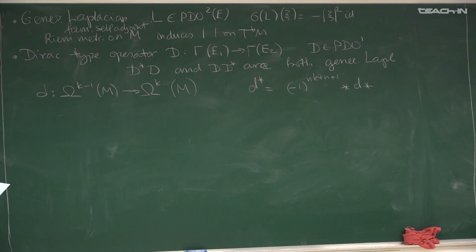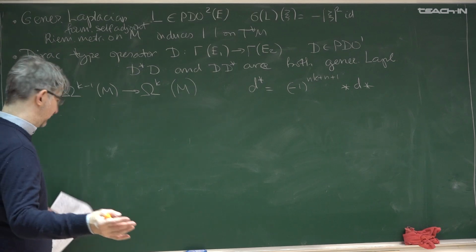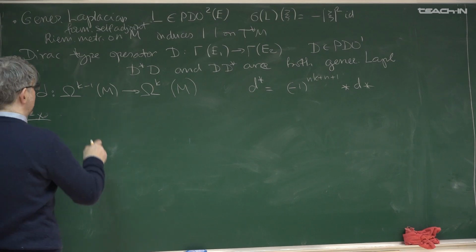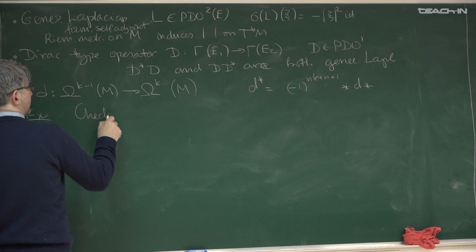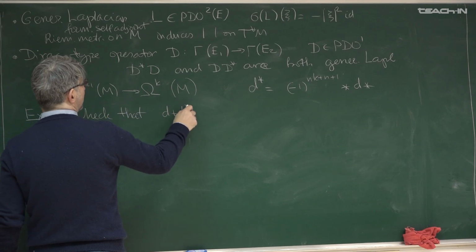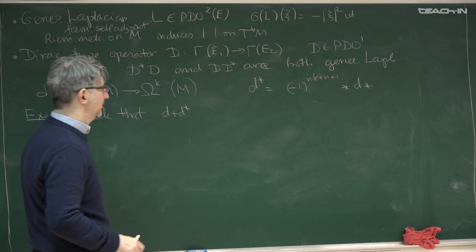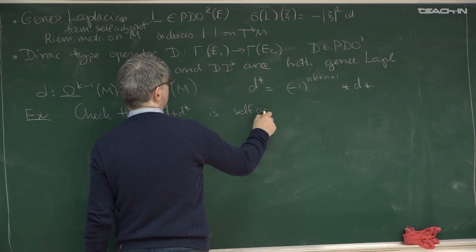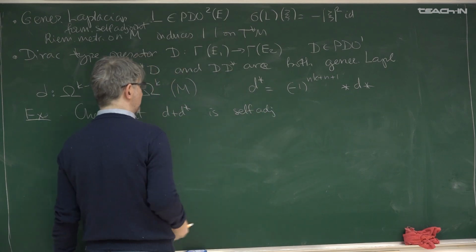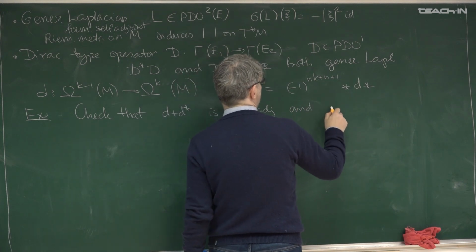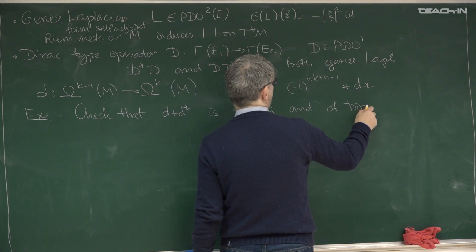Well, I have a bunch of exercises for you immediately. The first exercise is as follows. Check that d plus d star, this is a very important operator, is formally self-adjoint and of Dirac type.